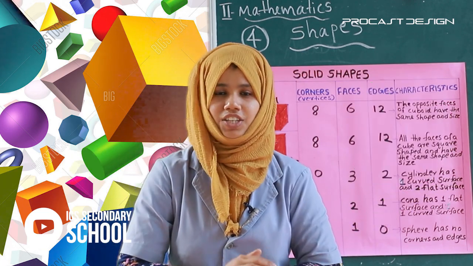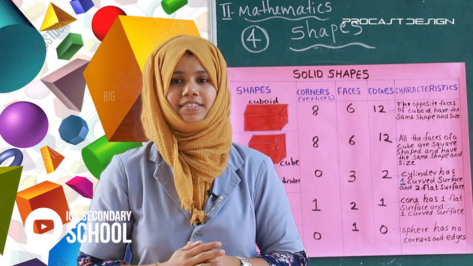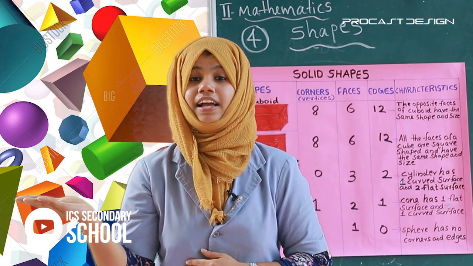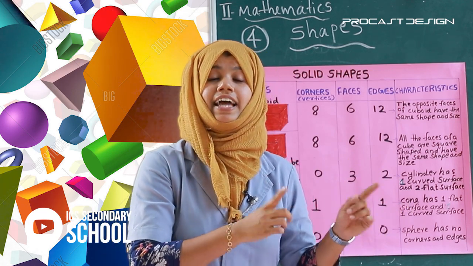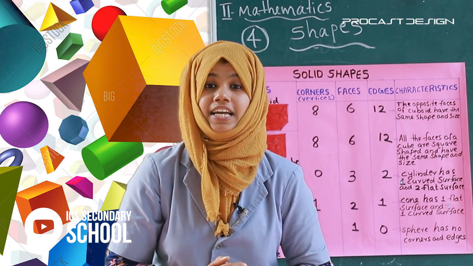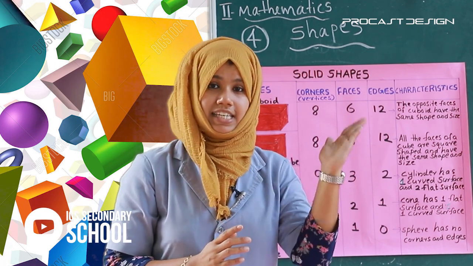These are the shapes. The plane shapes are the rectangle, next is square, then the third one is triangle, and the last one is circle.